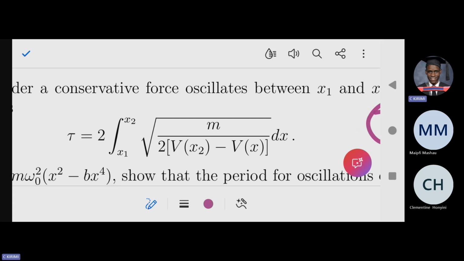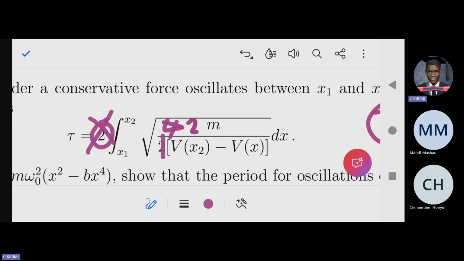I am saying this two, can you see this two which is outside? If you want to remove it there, you want to put it under the square root sign. That two which is outside, under the square root sign, it becomes what? 4. And this 2 divided by 2, it becomes 2m.